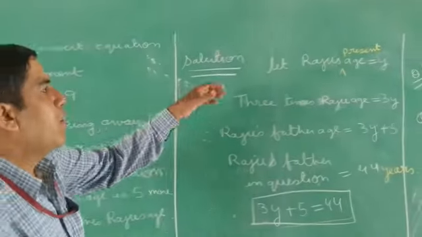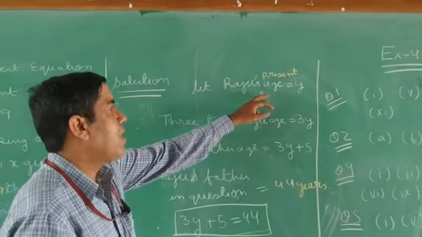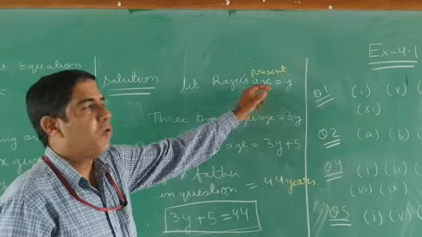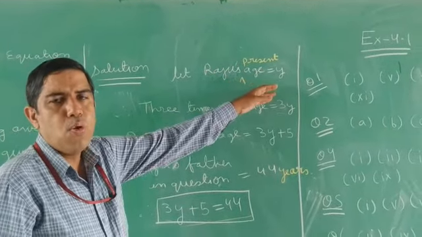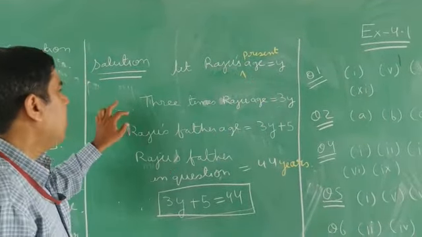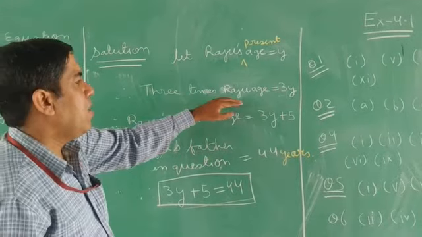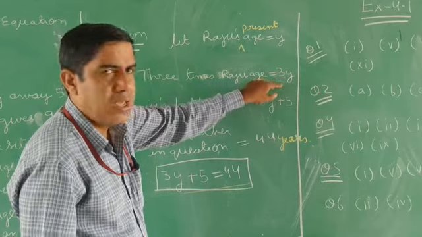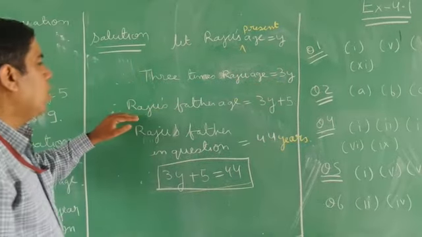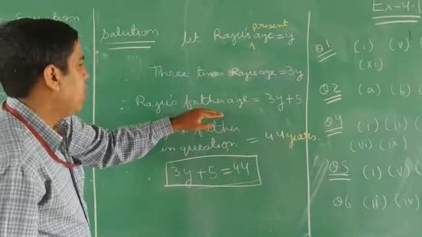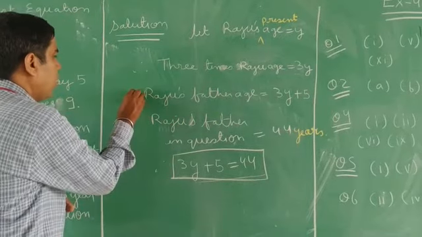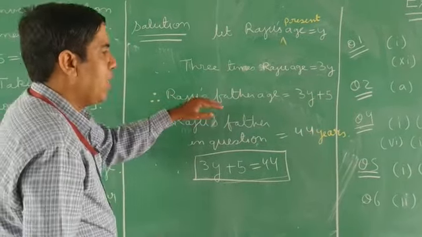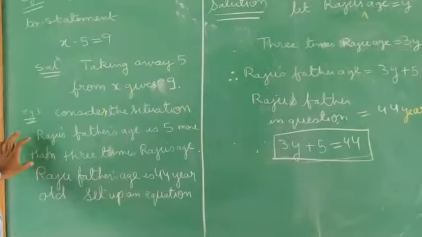Now let Raju's present age equal y. Or you can write let Raju's age equal y. The meaning is the same. 3 times Raju's age will be 3 multiplied by y. It is understood now. Now Raju's father's age: why is it given as 3y plus 5?